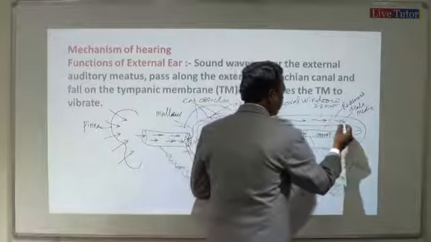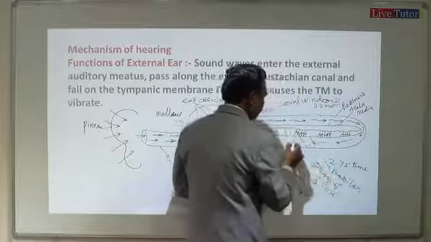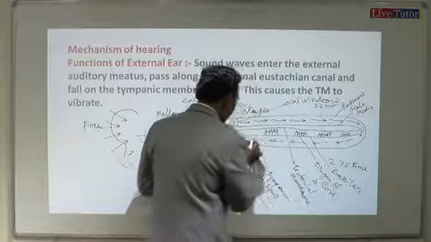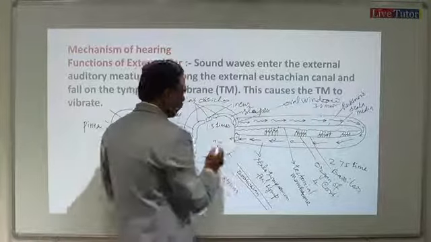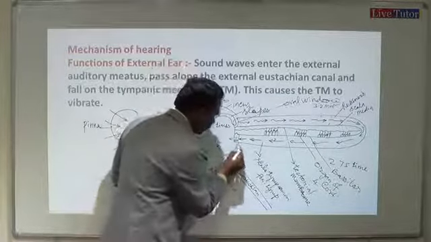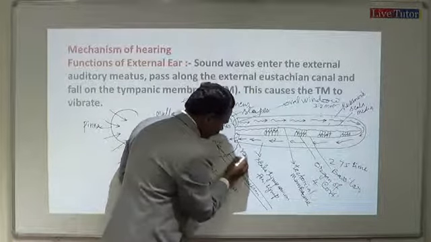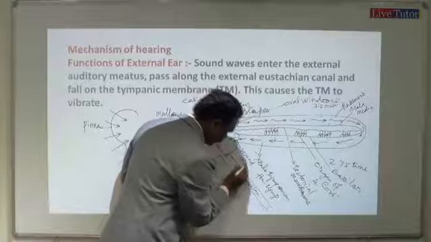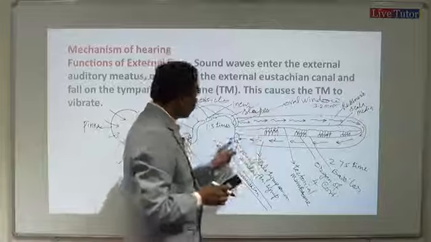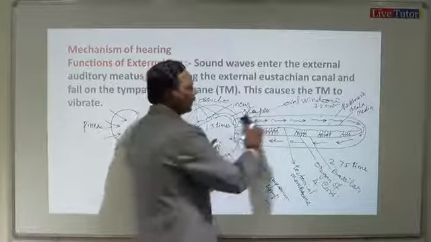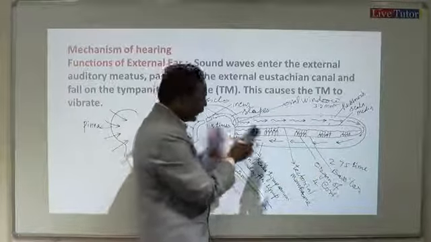The pressure waves first flow through the scala vestibuli, then the scala tympani, then leave the cochlea through the round window. So it enters through the oval window and exits through the round window. It is used for the continuous flow of the sound pressure waves inside the cochlea.